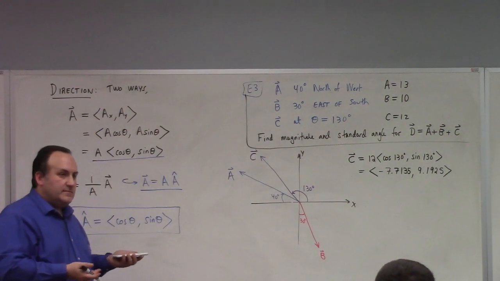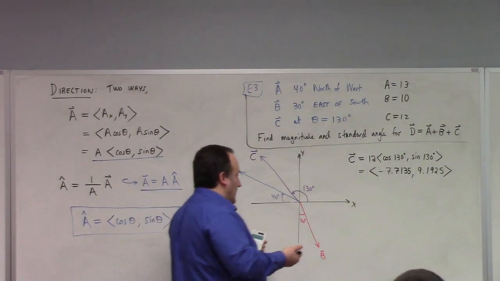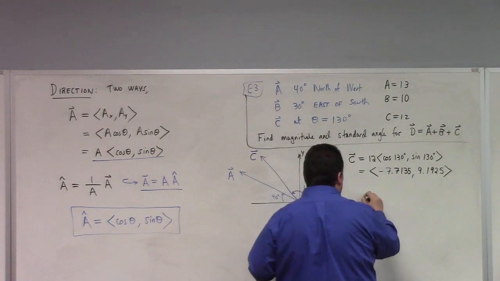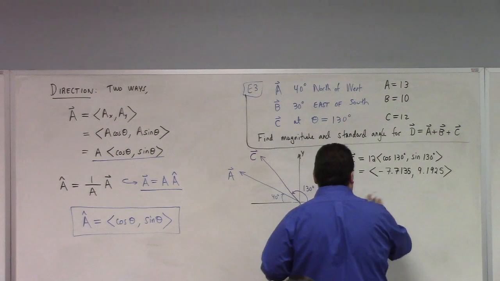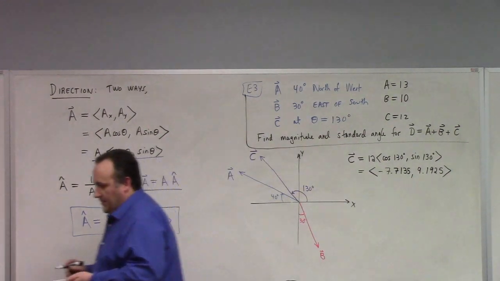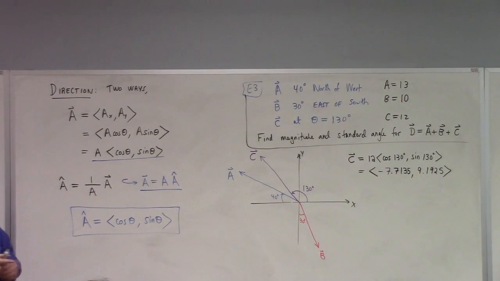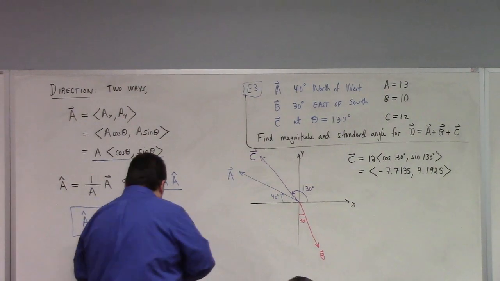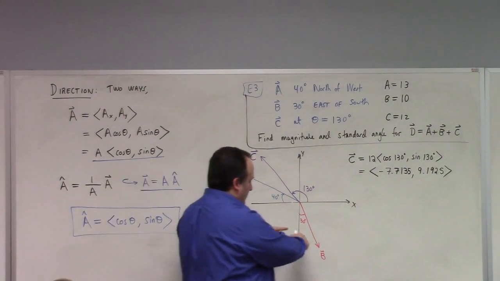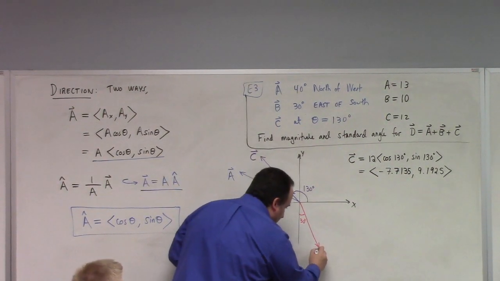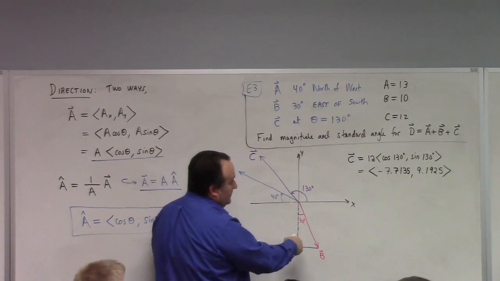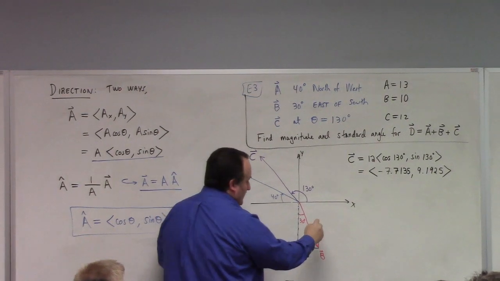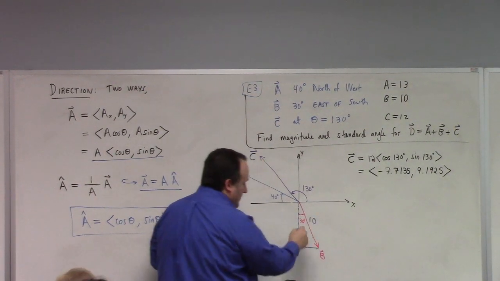How about B? What's B? Let me take a different tack here in my work for B. Let's just look at it. If you look here, you can see that we've got a right triangle, right? The hypotenuse is 10.